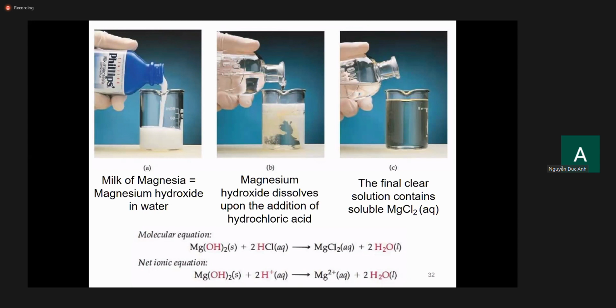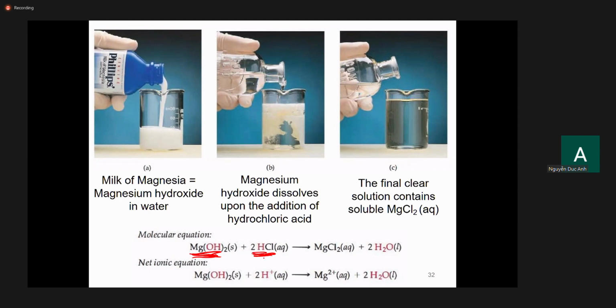So this example is a process in which you dissolve some of the precipitate, like magnesium hydroxide, by a stronger acid. So you have an insoluble base, right?